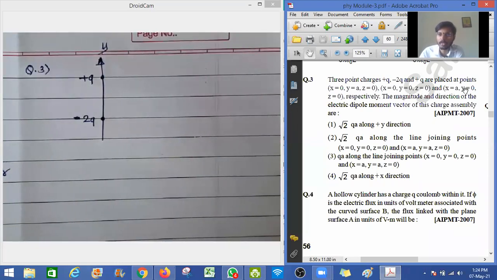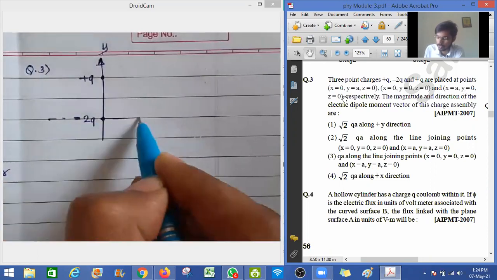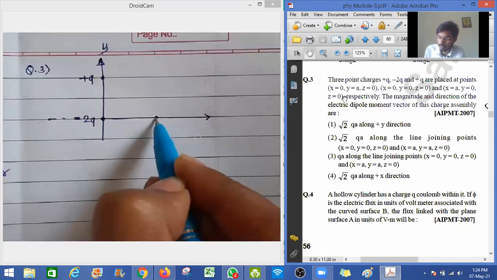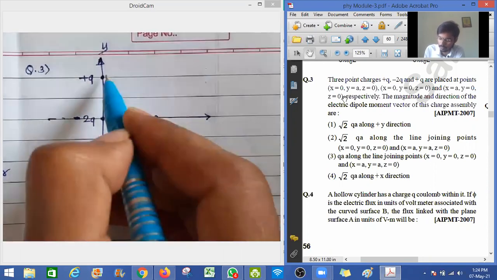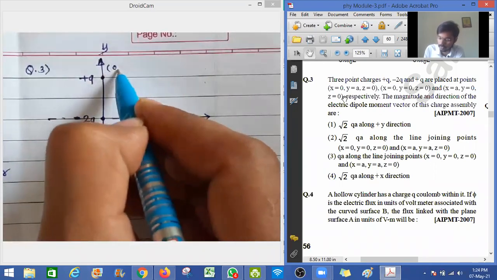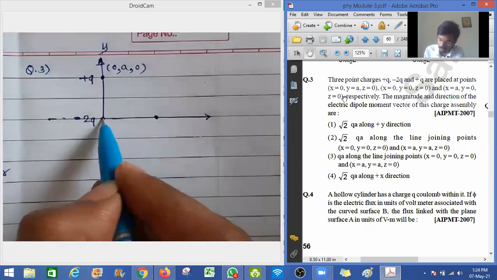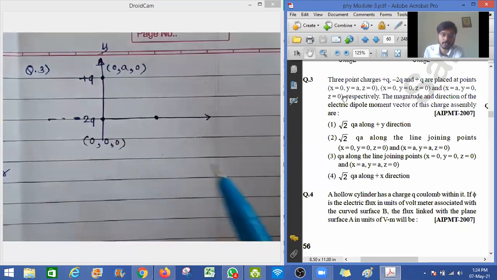And next, x equal to a, y equal to 0 and z equal to 0. Let's draw the x-axis first. This is the origin and this is x equal to a. This is the origin, so its coordinates are 0, 0, 0.